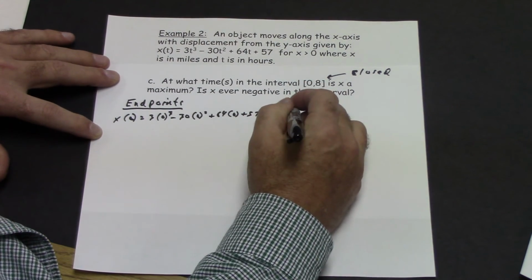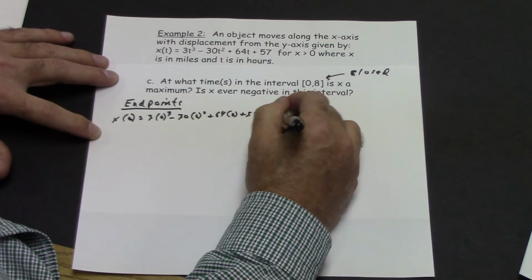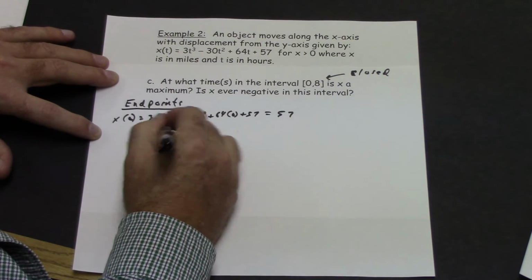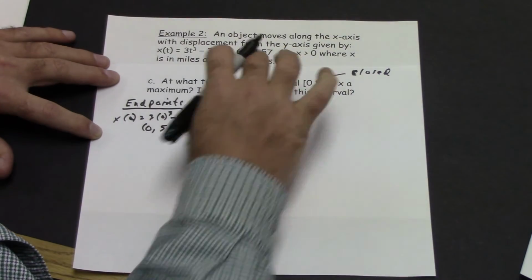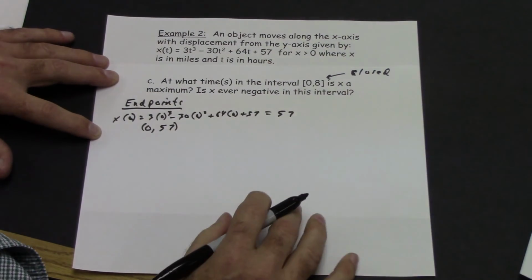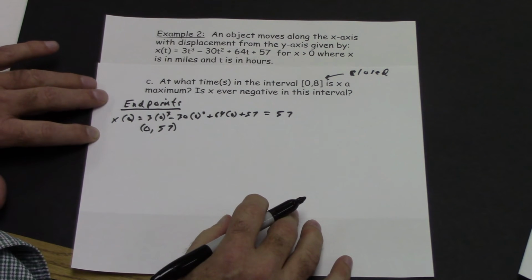Now, evaluating this, we get 57. That'll be the point (0, 57). Now, let's try the other endpoint. Once again, we're going to be comparing our y values. We're going to get our critical numbers here in a minute also.